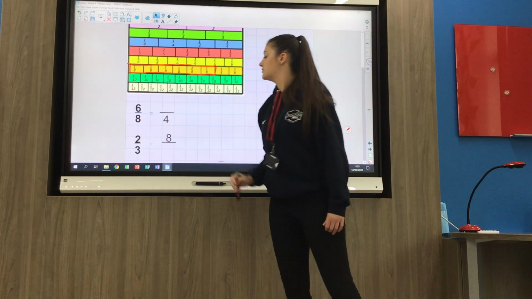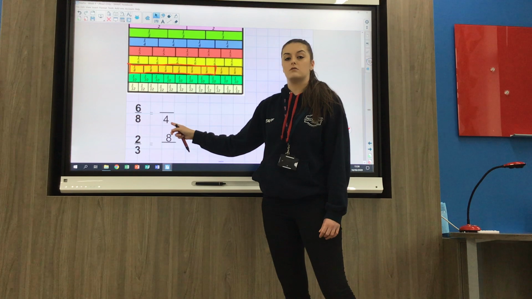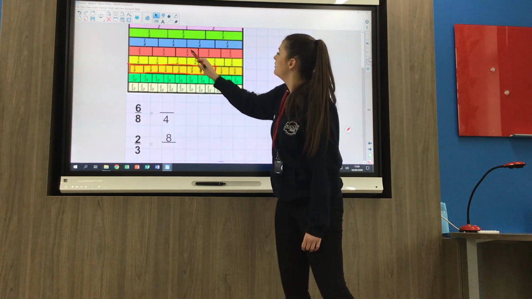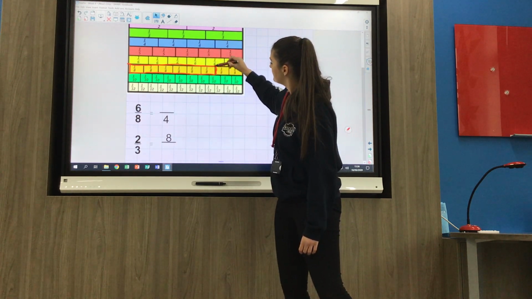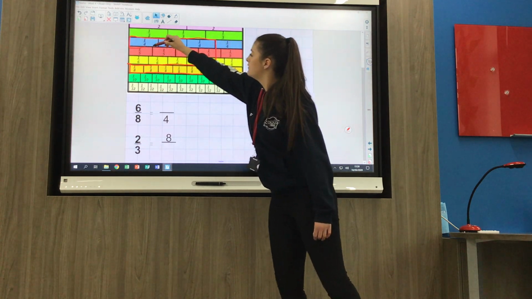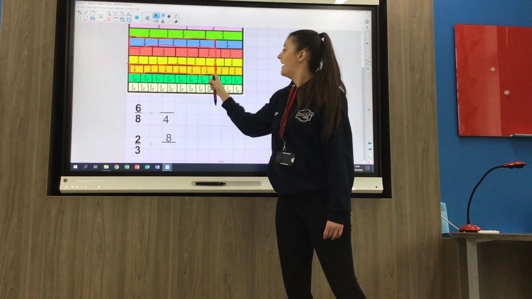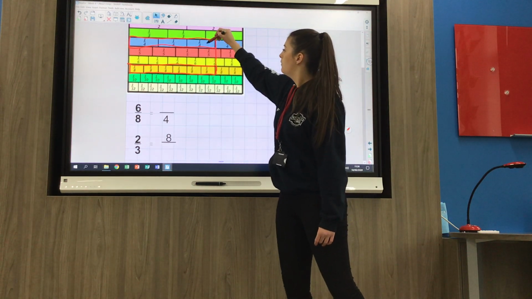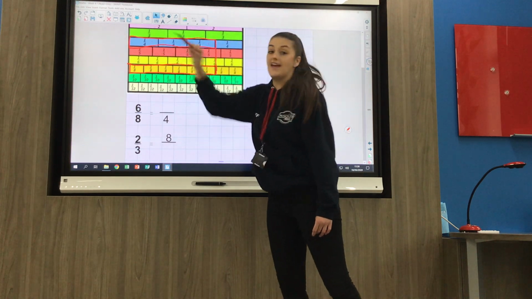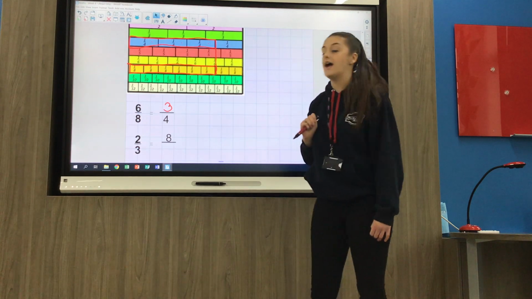So I've got them lined up. Is equivalent to, my denominator is quarters. So I'm going to go up to the quarters from this line. And if I highlight all of those, I can see that 6/8 is equivalent to 1, 2, 3 quarters. I'm going to write 3 quarters in there.